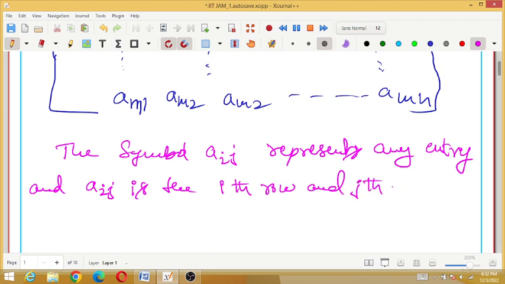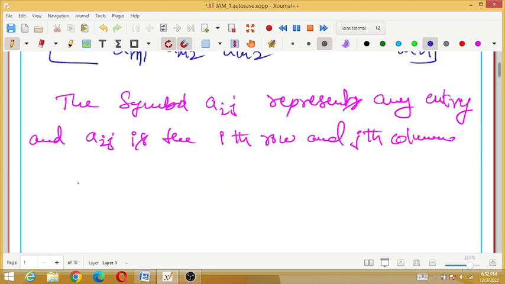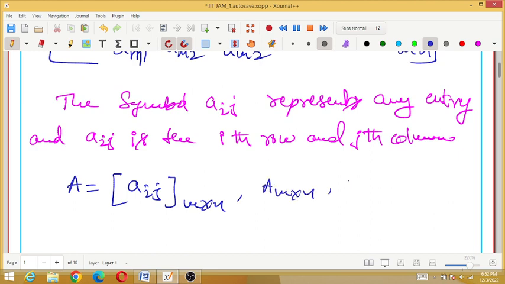So that's why we write that matrix A is equal to Aij of m cross n, or else A of m cross n. This is how we represent it.